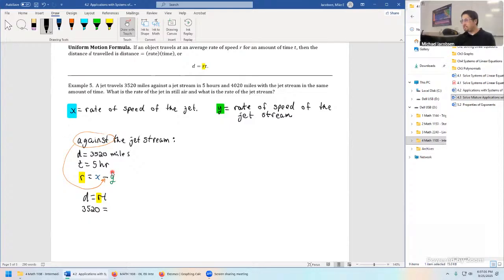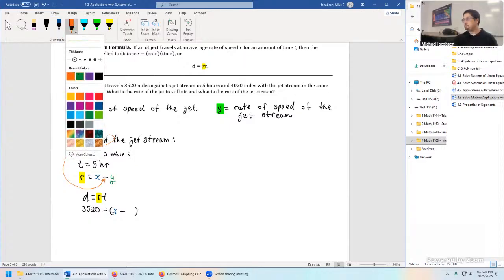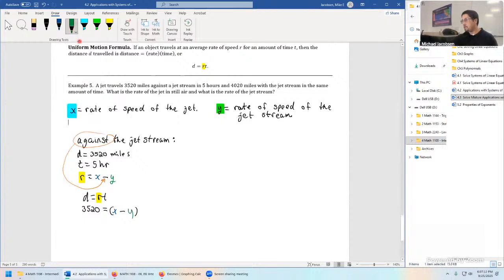We need to put parentheses around it because the time t has to be allowed to multiply. So x minus y here. Then for the t part of the equation, we just take the 5 hours and multiply by 5. So all of that stuff from here to here, just one fragment of the sentence, gave us this information.